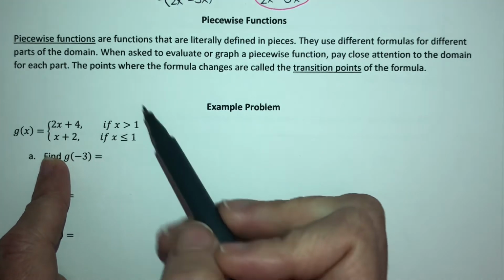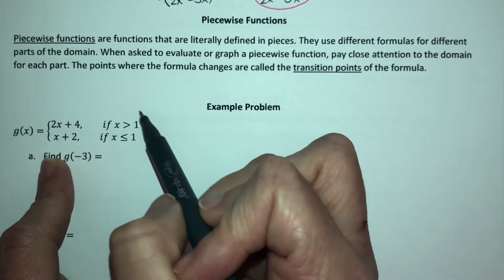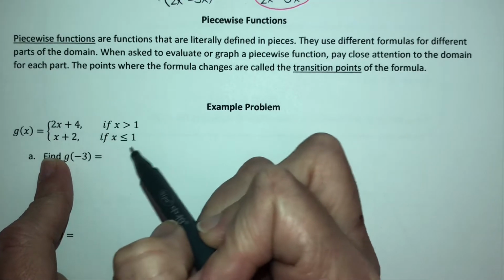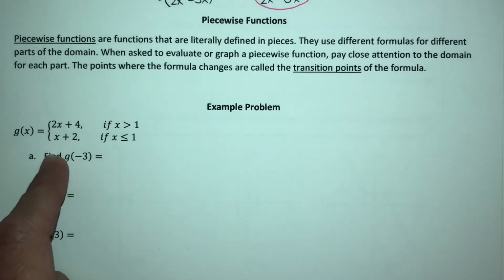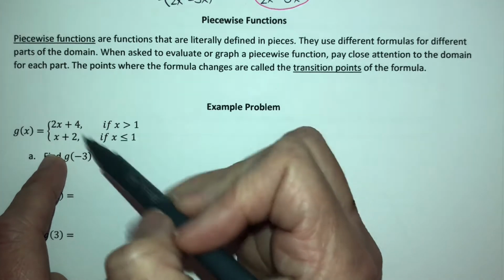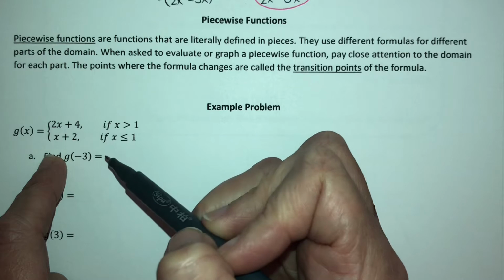When we are graphing or evaluating these, we really want to pay attention to the domain of each part. So when we go to plug in an x value, we are going to have to look here first to determine which of the two lines we should be plugging into.